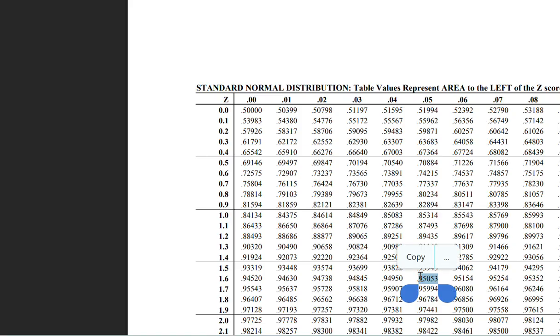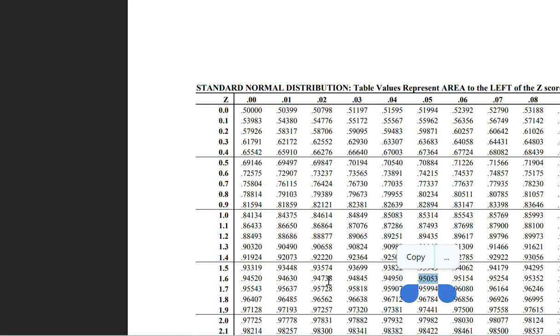Now, what value of z gives me this area? The value of z that gives me this area is 1.65. So when these two intersect, I get the area of 0.9503. Now, somebody will also say, can't I use this? That is totally fine, because if you round this to the nearest two decimal places, it also gives you 0.95.